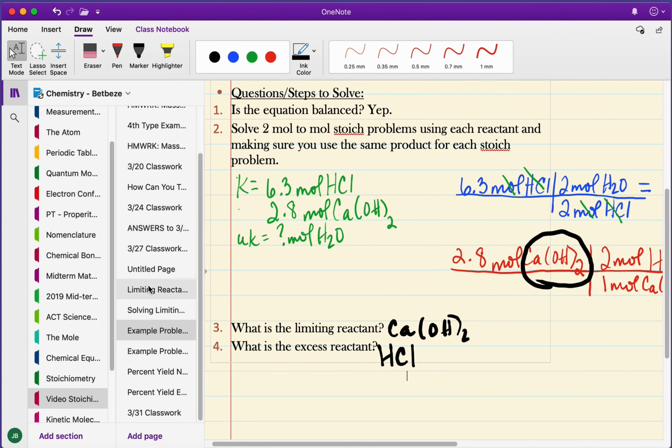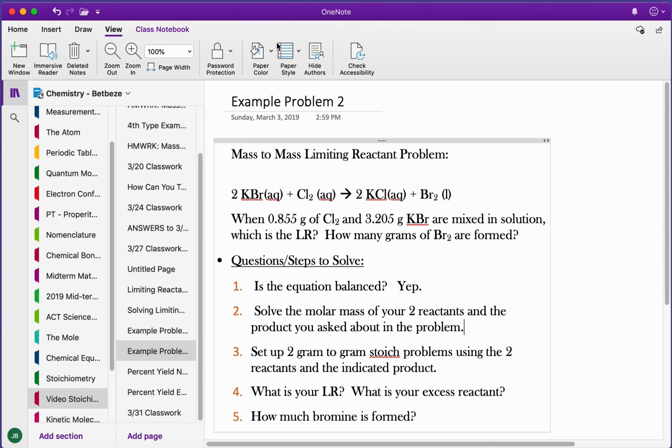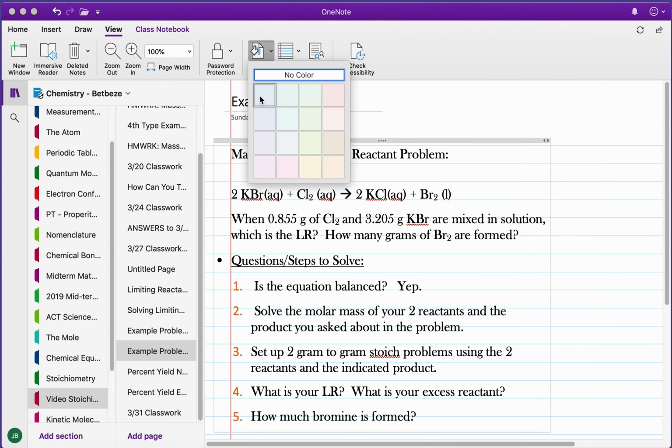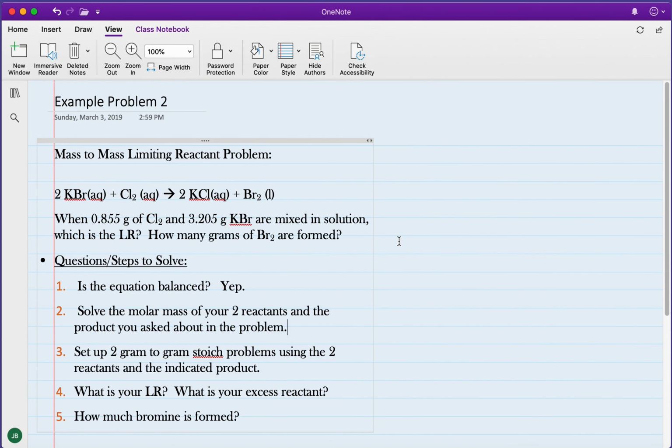Let's look at how to do a mass-to-mass problem.